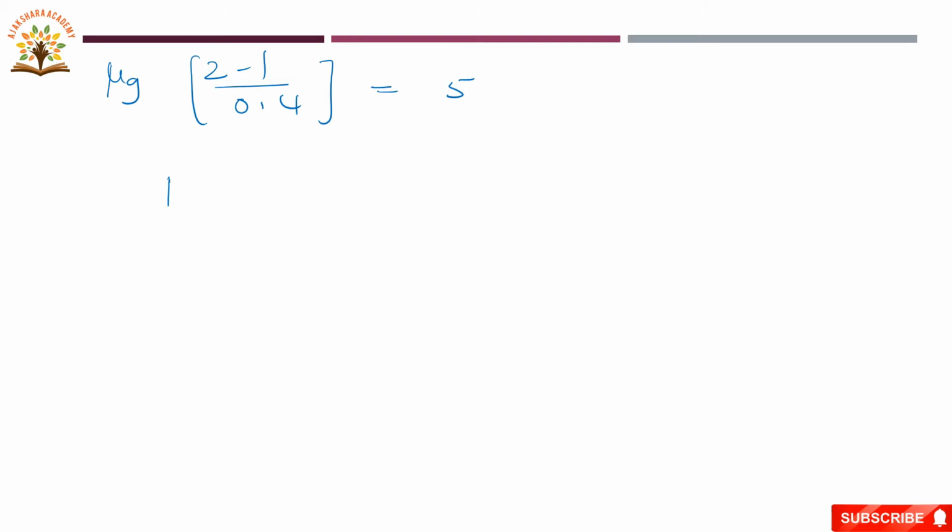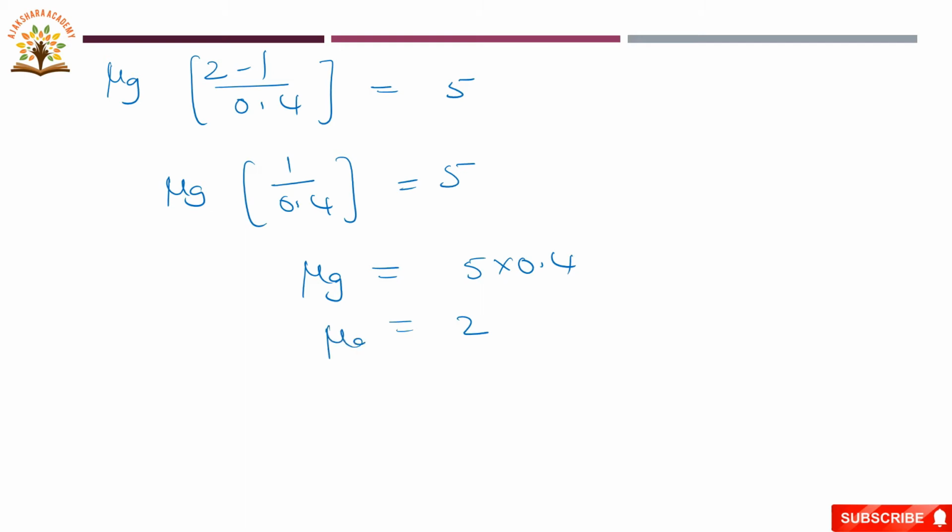So, now (1 by 0.2 minus 1 by 0.4) is 5 minus 2.5, which gives 2.5, so mu G into 2.5 is equal to 5. So, mu G is equal to 5 by 2.5, that is equal to 2. So, the refractive index of the given material of the lens is mu G is equal to 2.